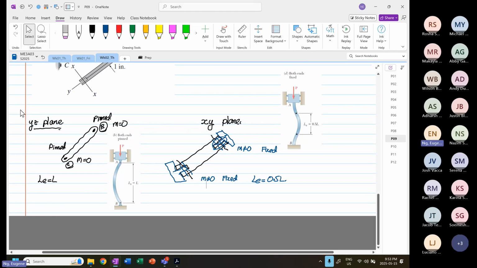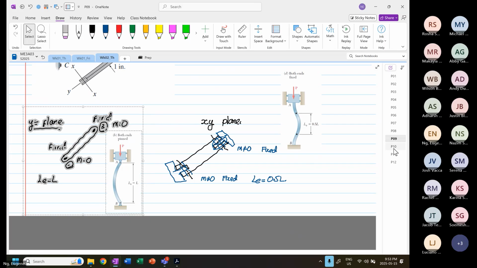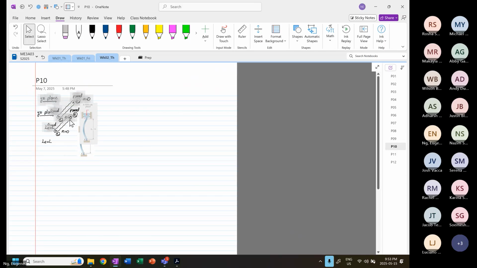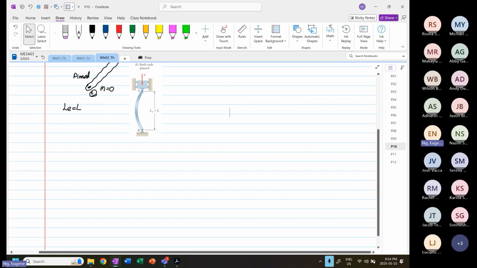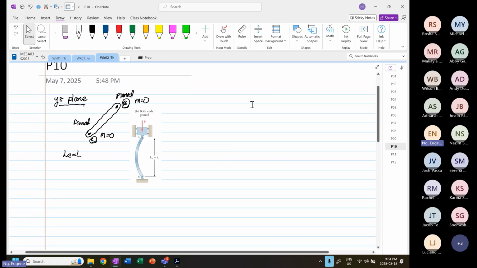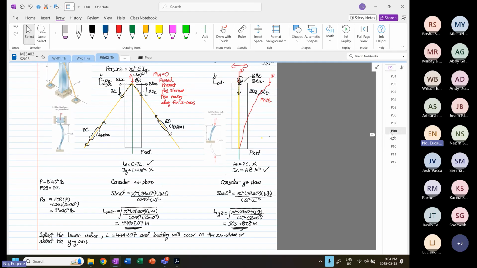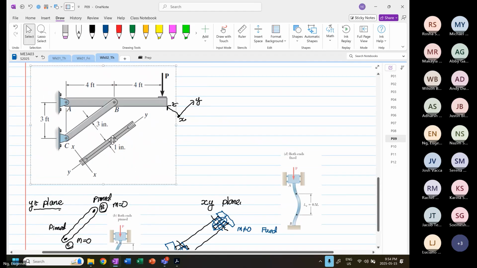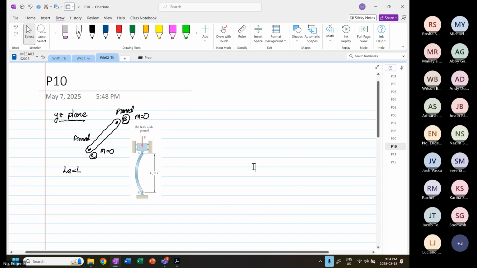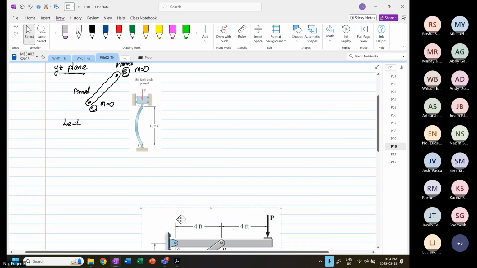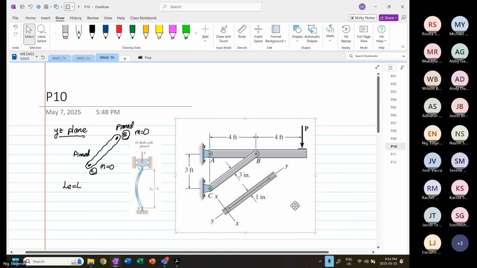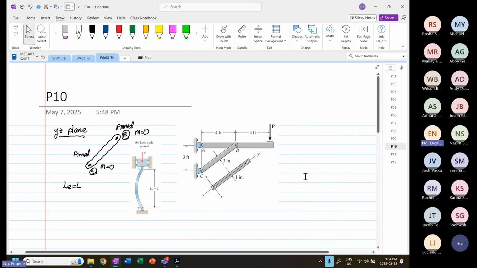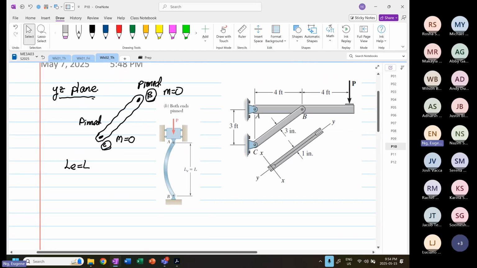So I'm going to proceed with calculating. We're going to start with the YZ plane first. Before we do our YZ plane, let me get the big picture. We still don't know our length BC.